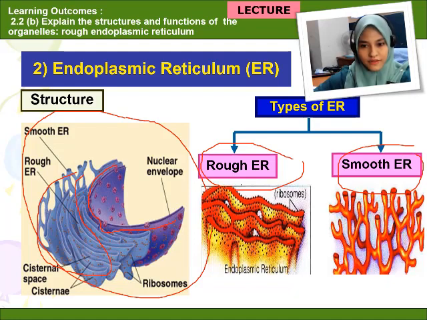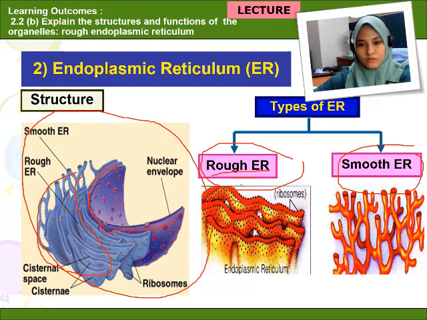The rough endoplasmic reticulum is made of flattened sacs. As you can see, the sacs are flat, and it has dotted-like structures, which are ribosomes attached on the outer surface. So this rough ER appears granular.